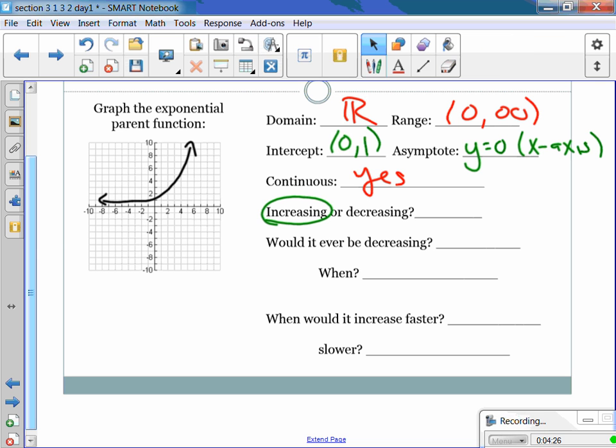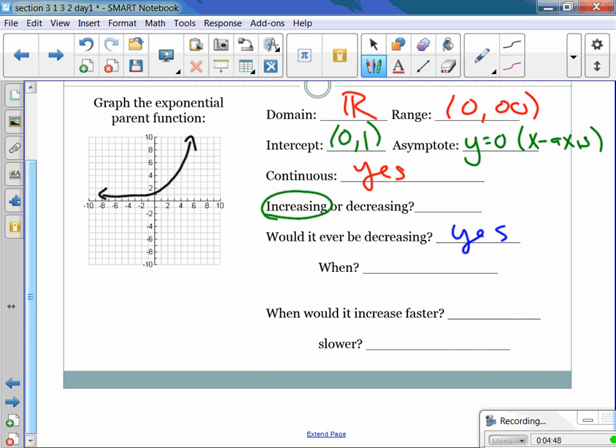Which axis and what's negative? If a was negative, well, this is my y equals a to the x.